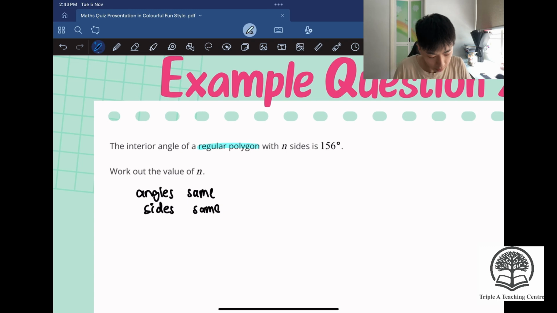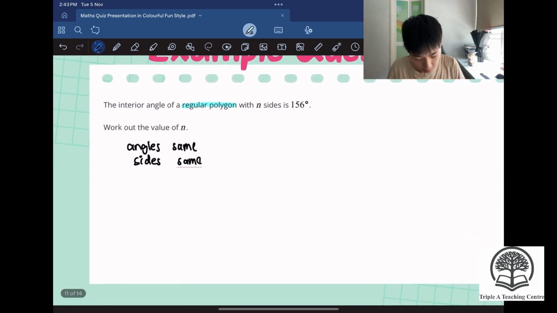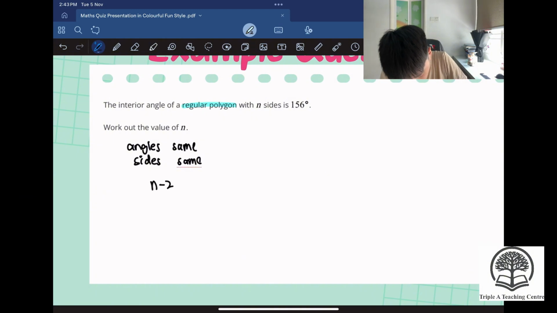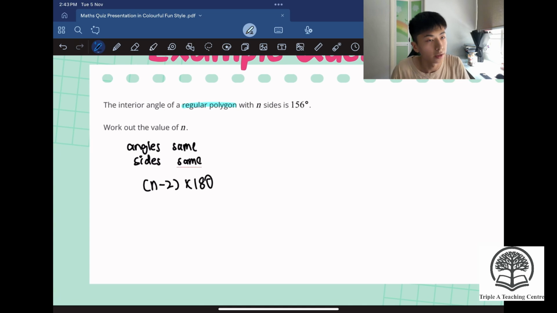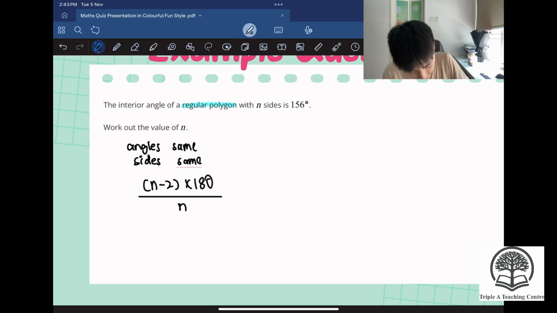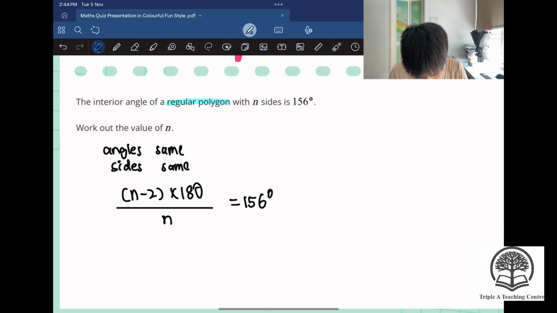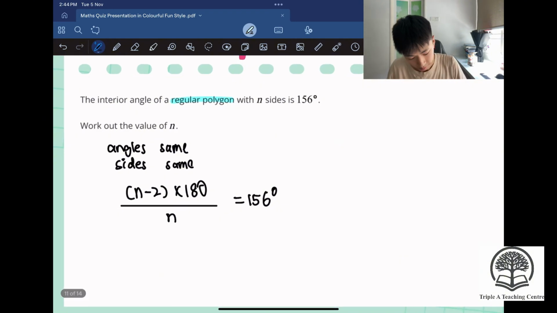So it is easy for us to work out, right? We can simply take the formula n minus 2 times 180. That will give us the sum of the total angles of the polygon, and we can divide it by n, n meaning the number of sides of the polygon, and that would give us 156 degrees, because it states that it has n sides and the interior angle is 156 degrees.